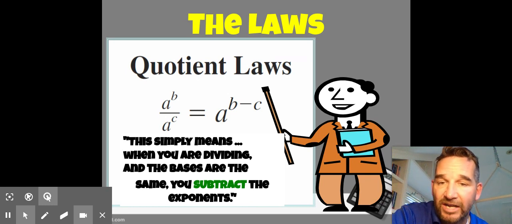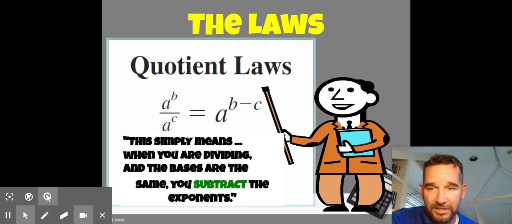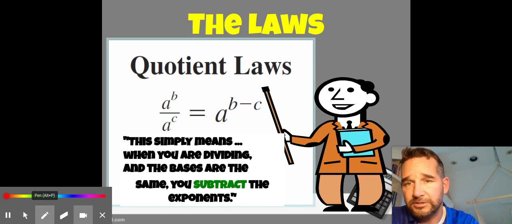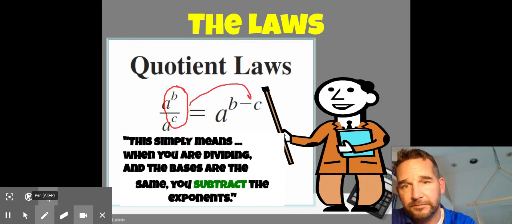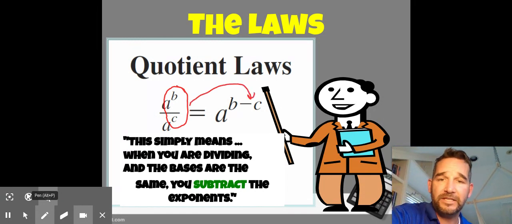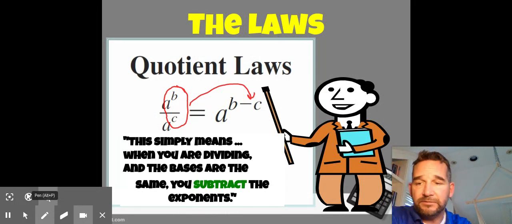So keep the base, subtract your exponents. So a to the b divided by a to the c is equal to a to the b minus c. So you can see that they just took the exponents and ended up subtracting them. That's it. As long as they have the same base, keep that base, subtract the exponents.